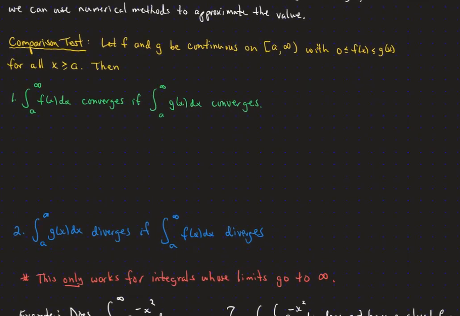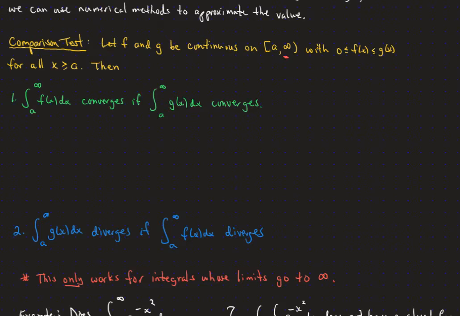So the comparison test says, let f and g be continuous on an interval from a to positive infinity. Since f and g are both positive, there are two things that we can do. One thing to note is we're going to be going to infinity, so the comparison test can only be used on integrals where the upper limit is infinity.